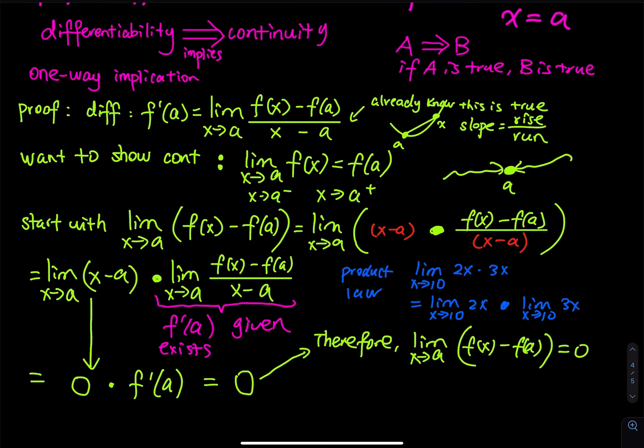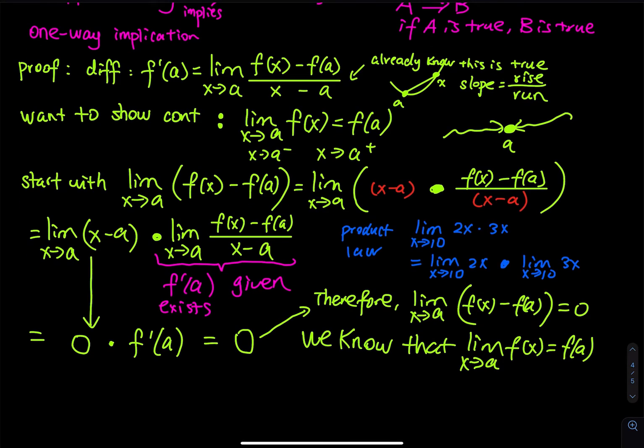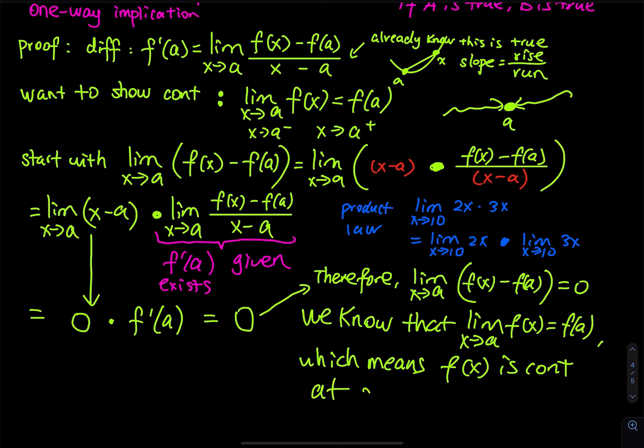So that means we know that the limit as x approaches a of f of x equals f of a, which means f of x is continuous at x equals a. So this is the end of the proof. So this is done.